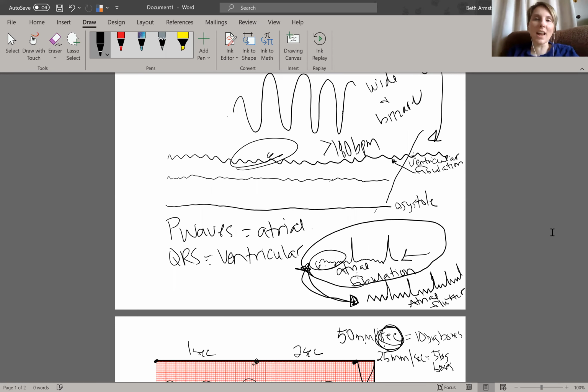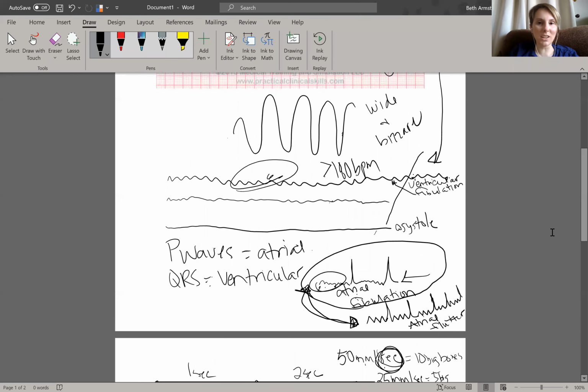Remember, flutter is not a pretty thing. Flutter in the cardiac world is a really dark and gloomy and horrifying sawtooth. I try to tell people to just remember, it's not pretty. It sounds pretty, but it's tricky.